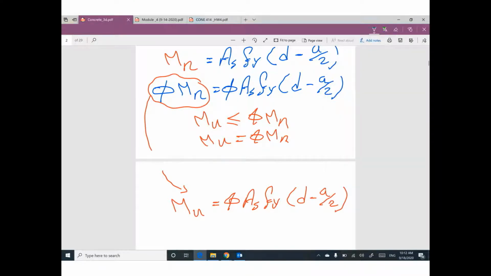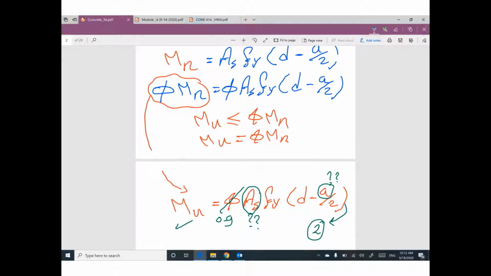If you look at this equation, which is equation number 2, M ultimate is known. Phi, I can assume 0.9. Area steel is unknown. A is unknown.